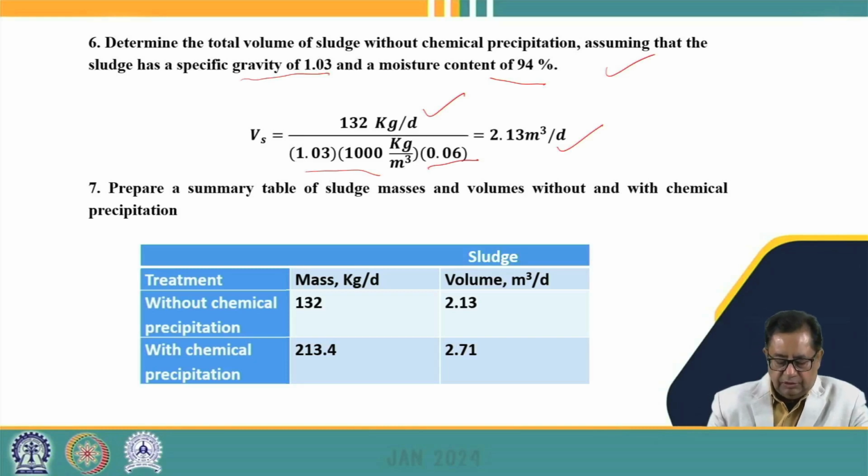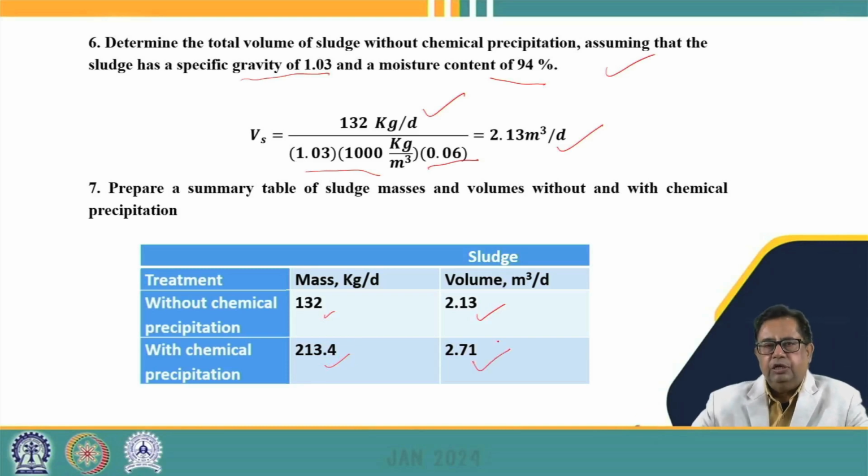So in that case, without chemical precipitation, the mass of the solids which are generated is nearly 132 kgs per day, whereas the volume of the sludge that is generated is nearly 2.13 cubic meter per day. Whereas when we are adding chemical precipitation, we can see that the mass of the solids increases to nearly 213.4 and the volume of the sludge also increases to nearly 2.71 cubic meters per day.